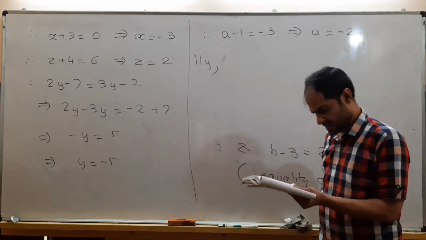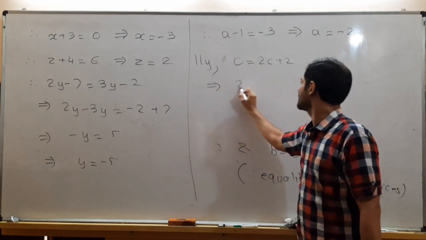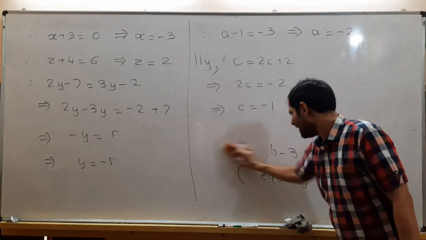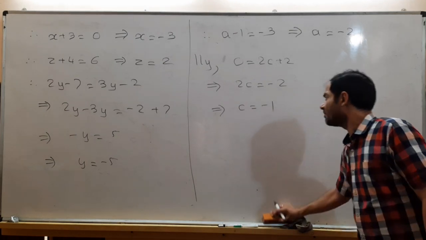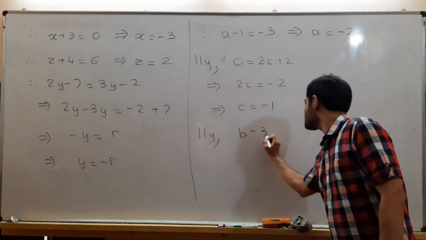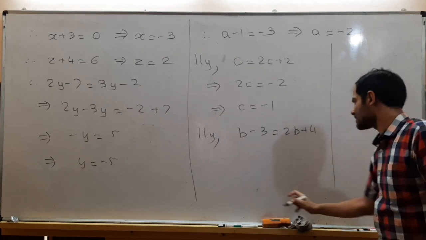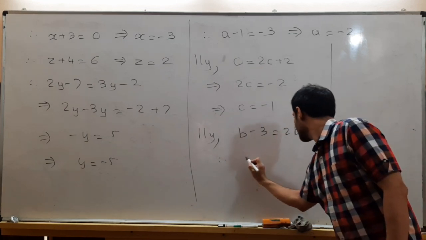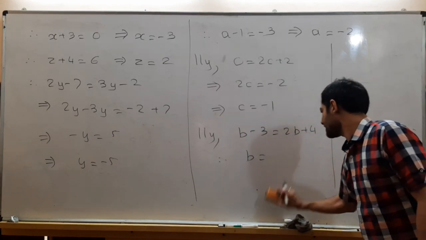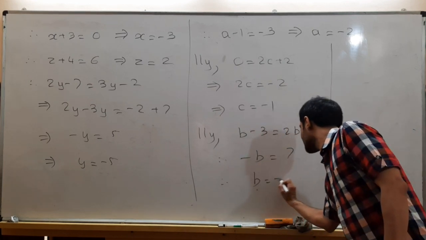Similarly, 0 is equal to 2c plus 2 implies 2c is equal to minus 2 implies c is equal to minus 1. The last equation was regarding b, and b minus 3 is equal to 2b plus 4. So b minus 2b is minus b, 4 plus 3 is 7, so b is minus 7.